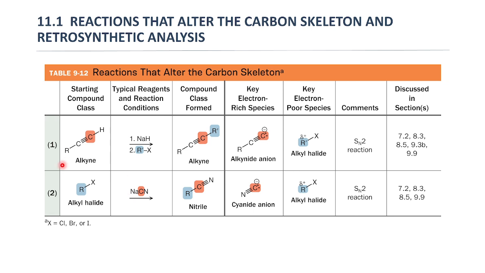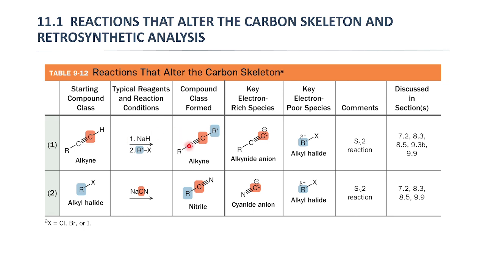Okay, and so right here, this is the starting compound class, the typical reagents and reactions and conditions, and the compound class formed. These are the tables your book provides. This is typically what would be considered the sort of stuff you would look at when you're trying to do something like click chemistry. Click chemistry being a retrosynthesis where you just look at this part and you try to assemble a synthesis from that.